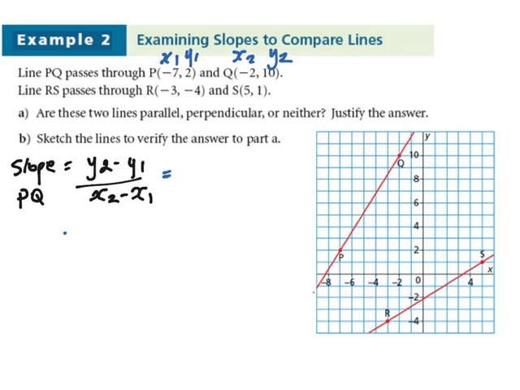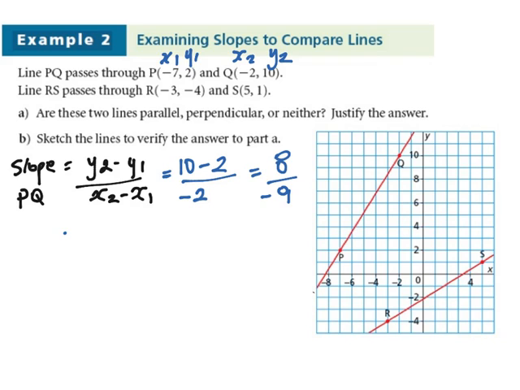So we have 10 minus 2 over negative 2 minus negative 7. 10 minus 2 is 8, and negative 2 minus 7 is negative 9. Now I've just made a typical mistake that everybody makes. Let's take a look where this mistake occurs.